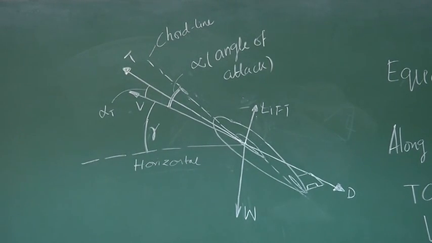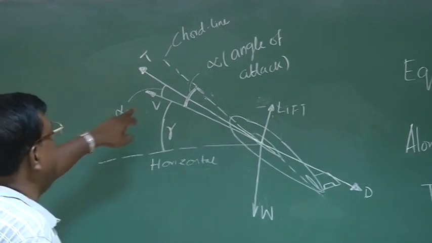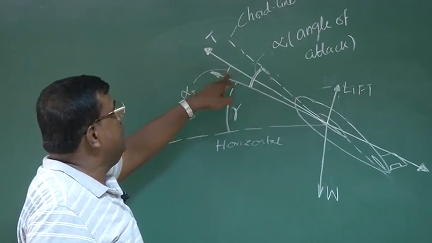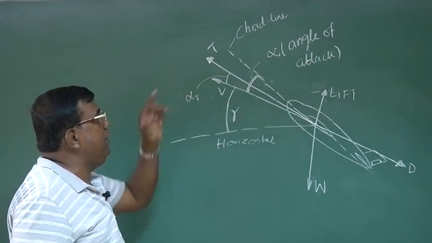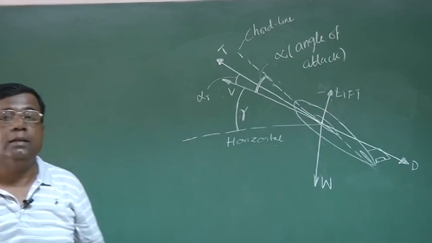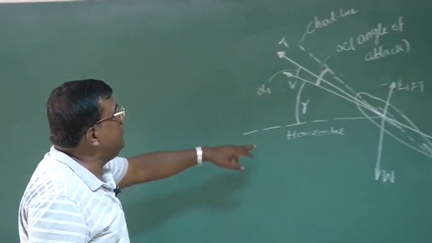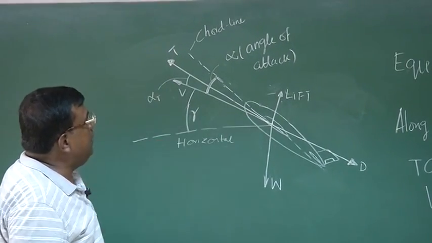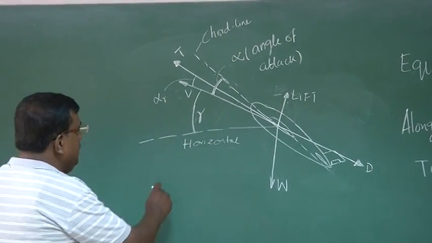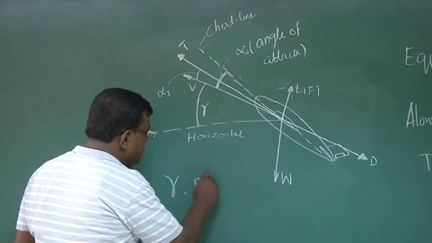So the resultant velocity will be somewhere different than the thrust direction. And let's say the angle between thrust and velocity vector in the vertical plane is alpha t, t for thrust. And this line is the horizontal line, and gamma is called the flight path angle.